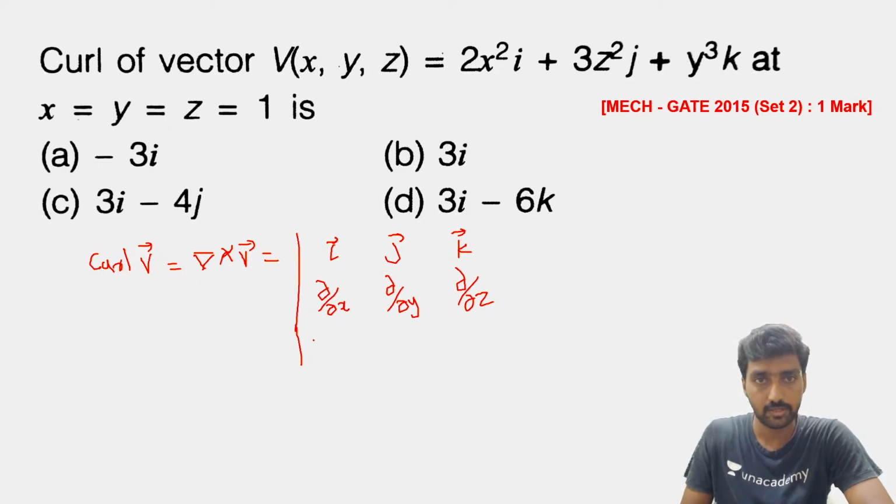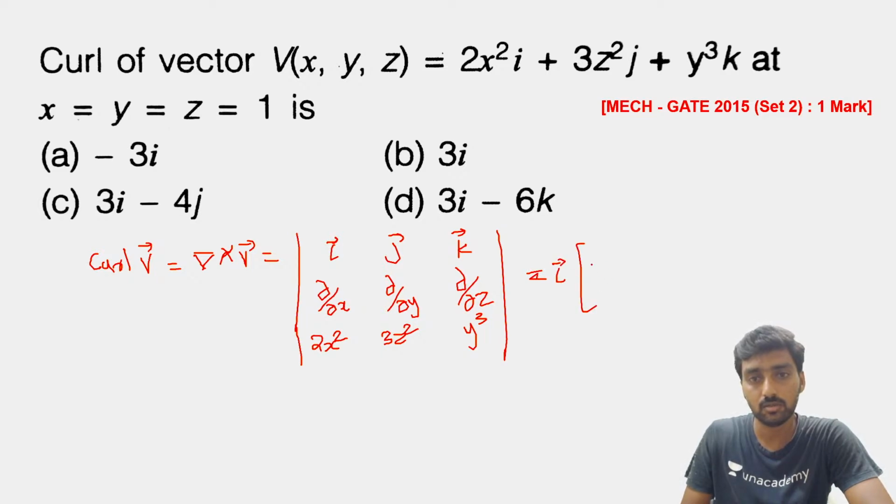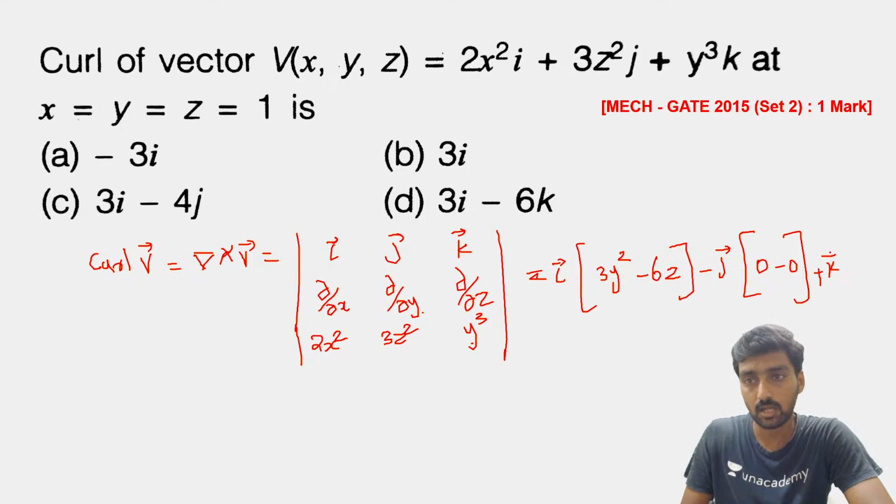So here the components are 2x square, 3z square, y cube. It's equal to i vector into, dou y, 3y square minus 6z, minus j vector into 0 minus 0, plus k vector into 0 minus 0.